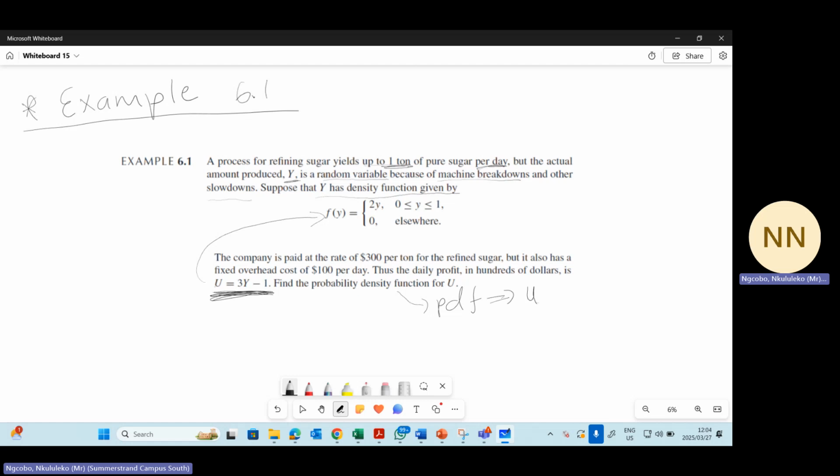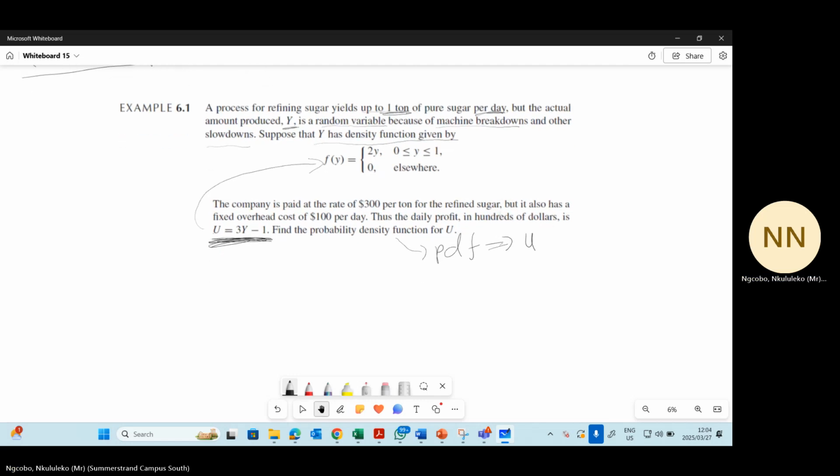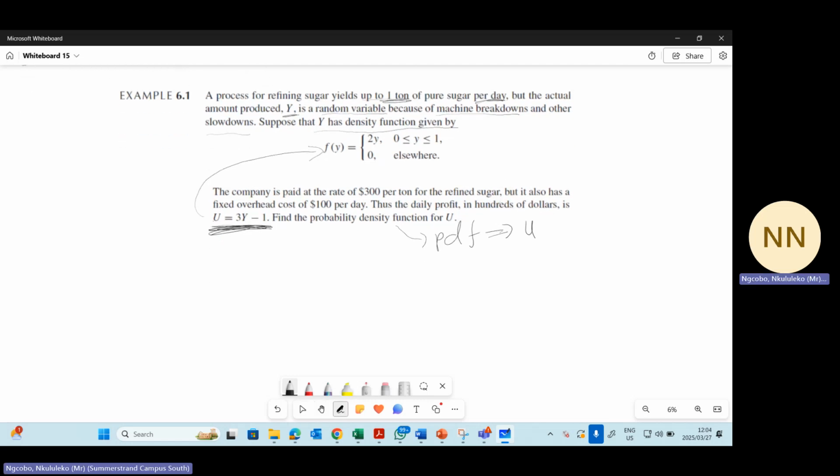Now, obviously, for you to find the PDF of U, you need to know the distribution of U, right? What do you do then? You know that F of u is equal to the probability of U less than or equal to small u, right?